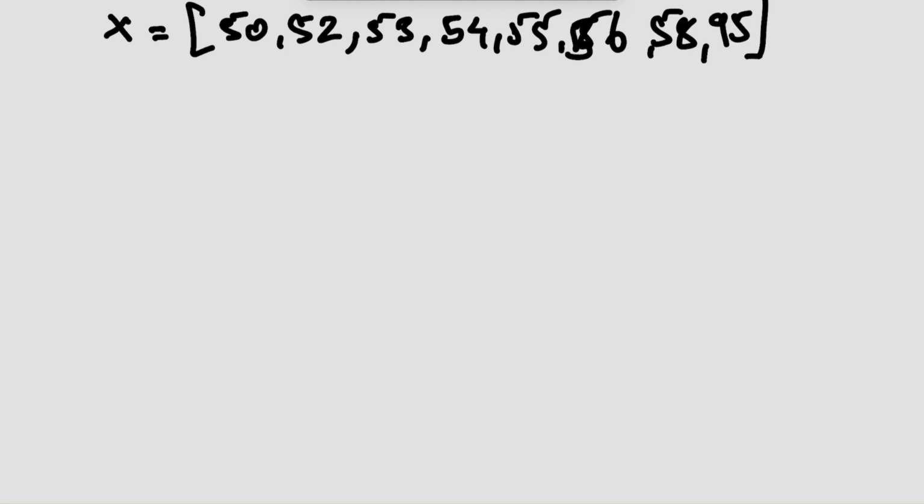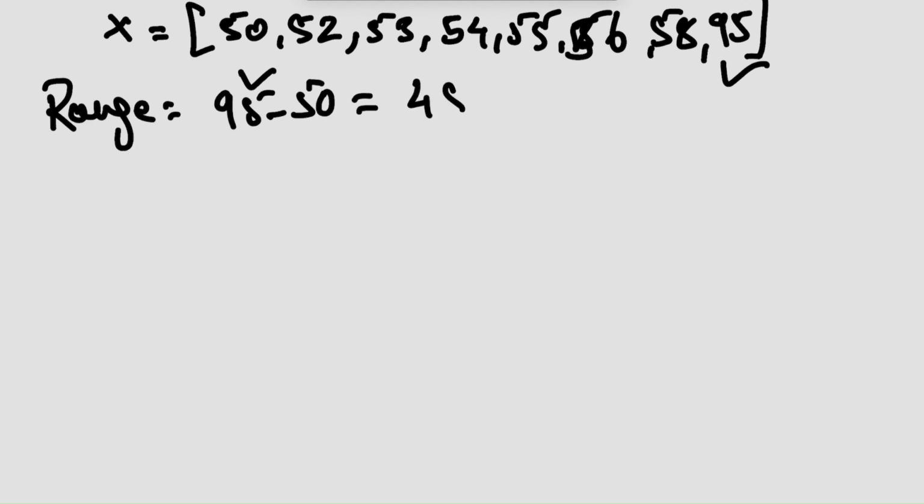The first measure of dispersion is range. How do we calculate range? Simply take the maximum value and the minimum value and subtract the minimum from the maximum. That is, range here would be equal to 95 minus 50, which is 45. Then next we have standard deviation and variance. As we have already seen, how do we calculate standard deviation?